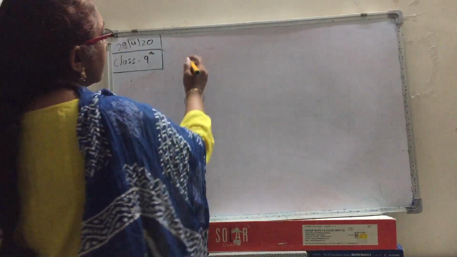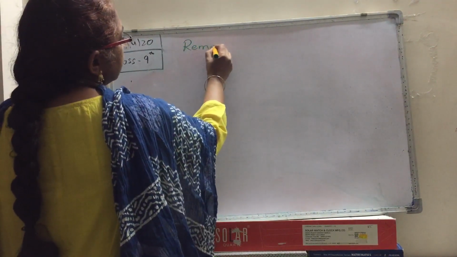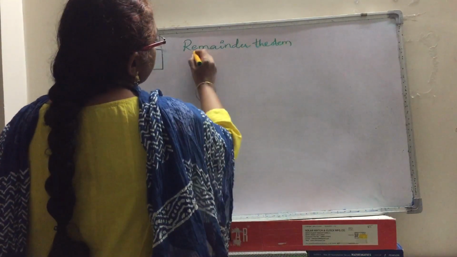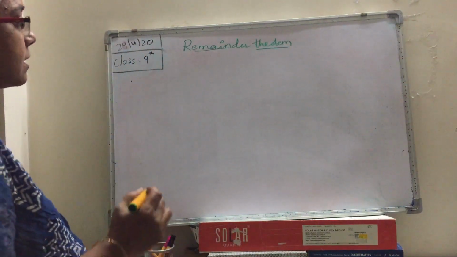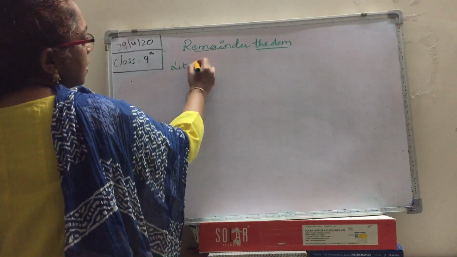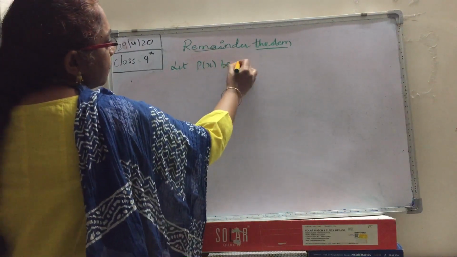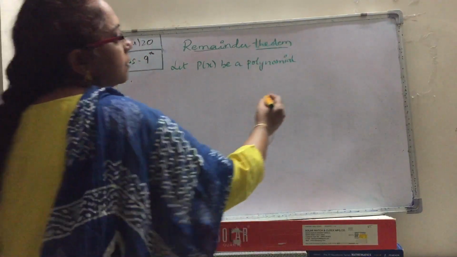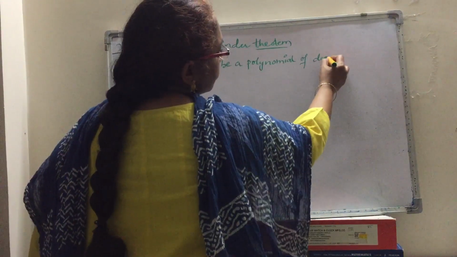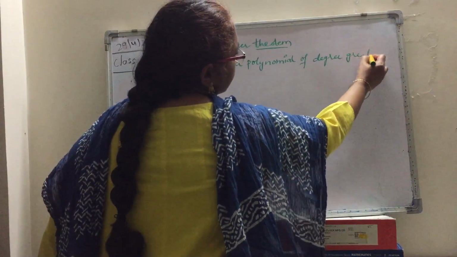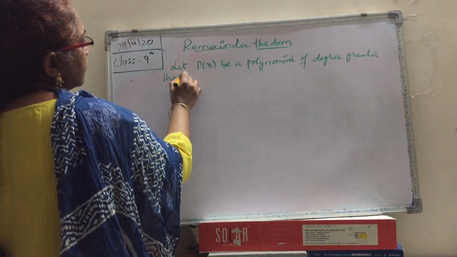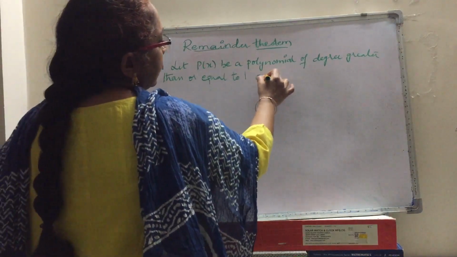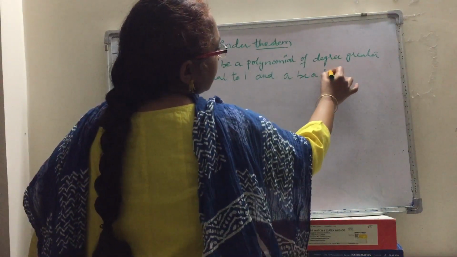Now listen. So, remainder theorem. Okay, now see the statement. Let P of x be a polynomial of degree greater than or equal to 1 and a be a real number.